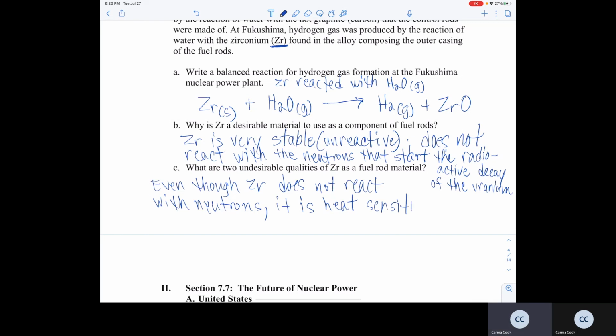And so when the cooling water got knocked out by the tsunami, then the reactor overheated, and the zirconium being very heat sensitive, it reacted with the hot steam. And so that cooling water failure caused the zirconium to get melted by the steam.